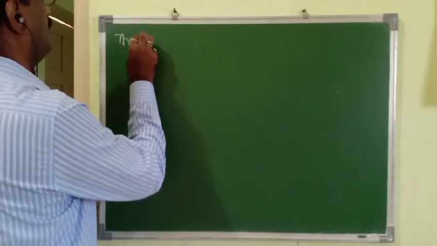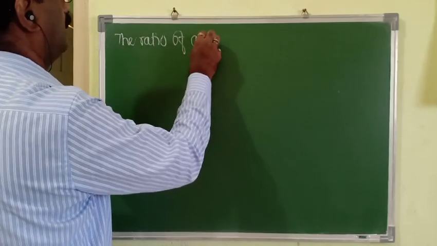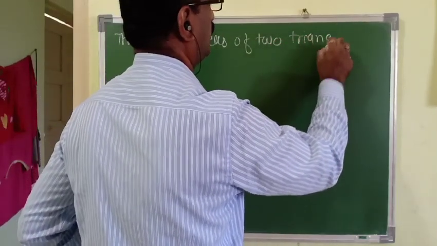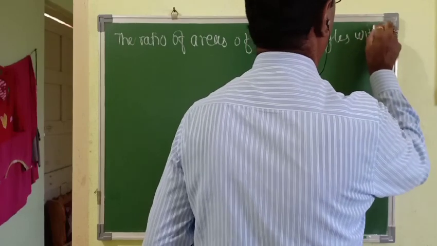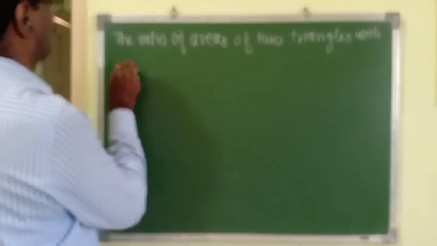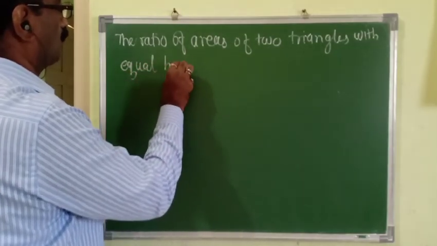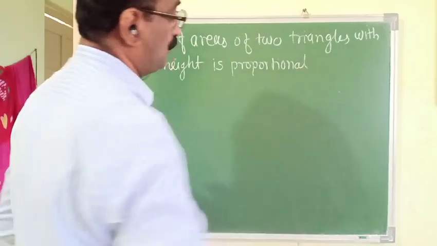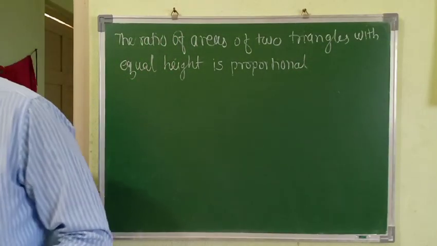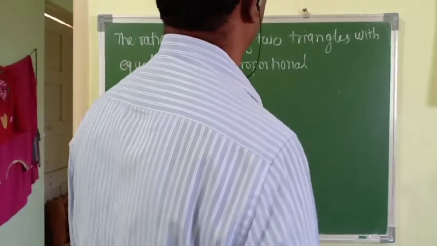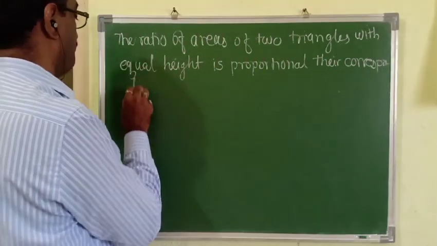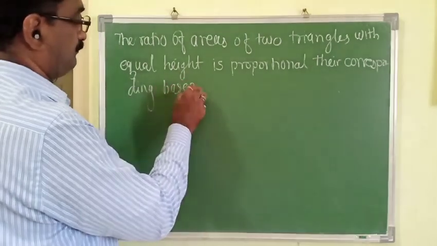The ratio of areas of two triangles with equal height is proportional to or equal to their corresponding bases. Write down that.